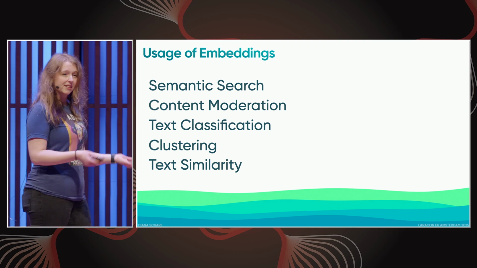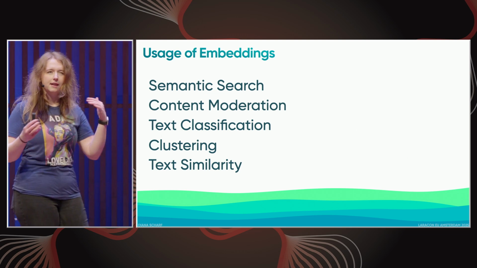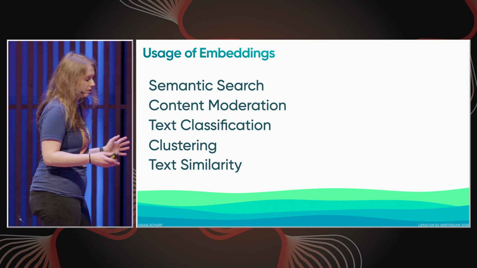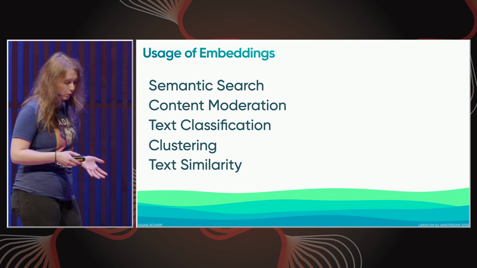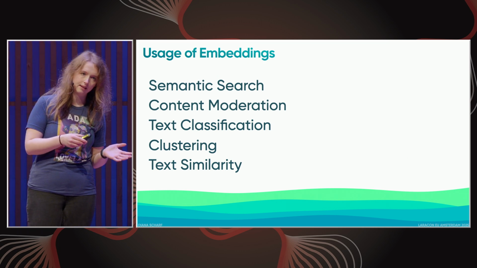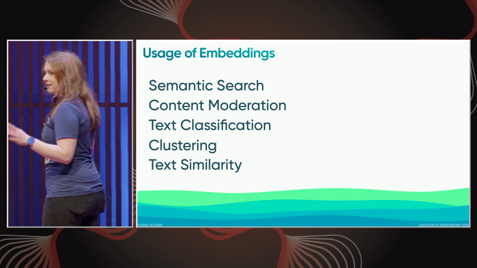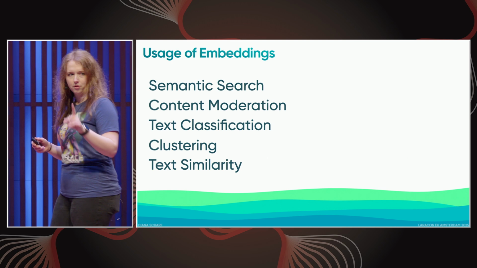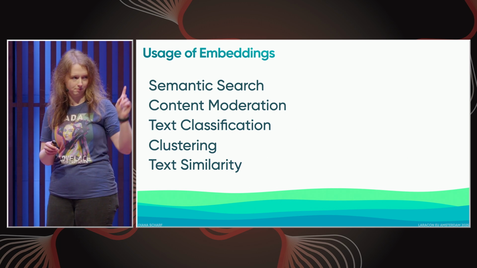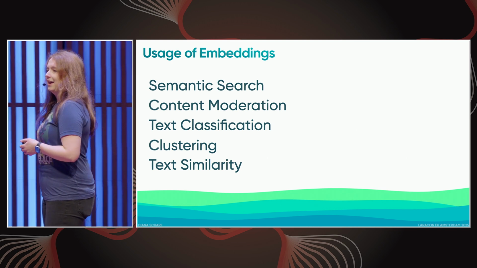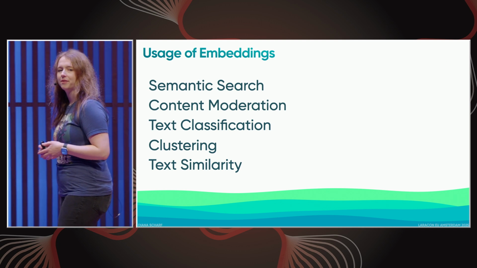We can do text classification and clustering and text similarities. They all play kind of into the same thing, which is finding similarities between texts and inside of texts. But I bet 99% of you, except Bert, where's Bert? Except this guy, is triggering an embedding each day.